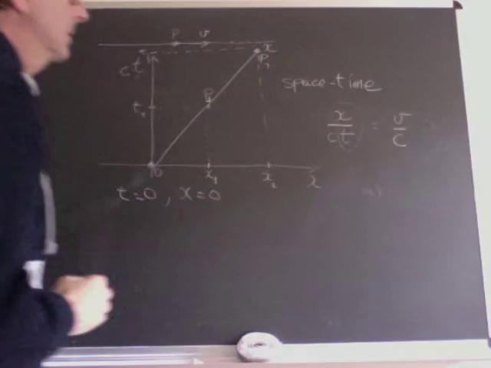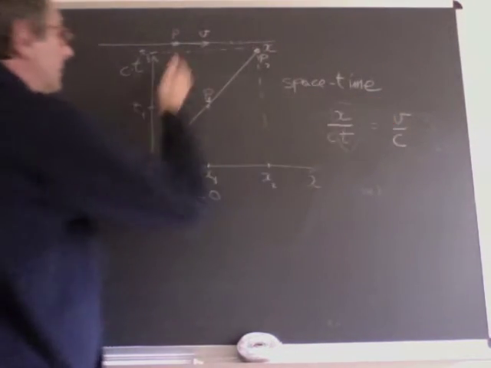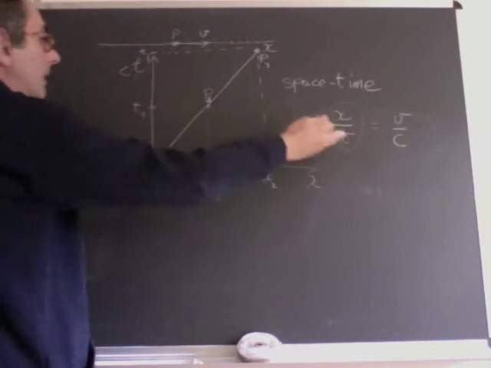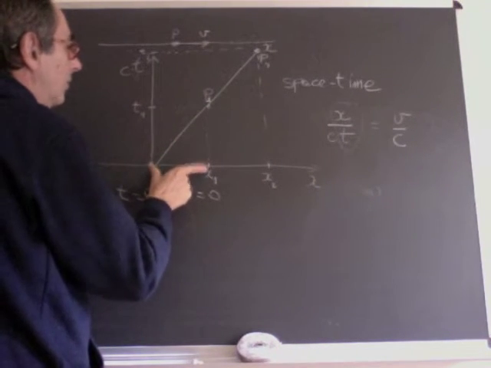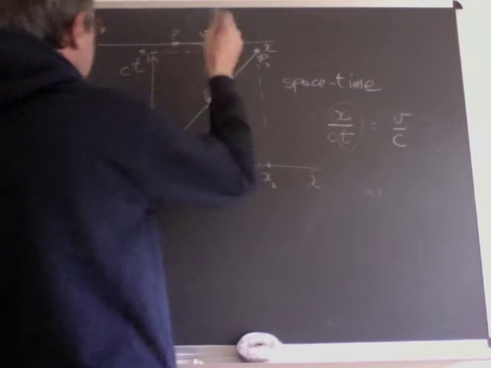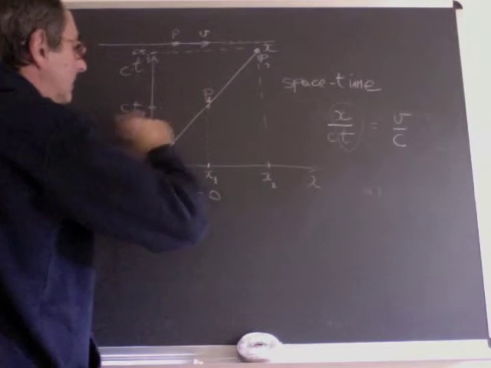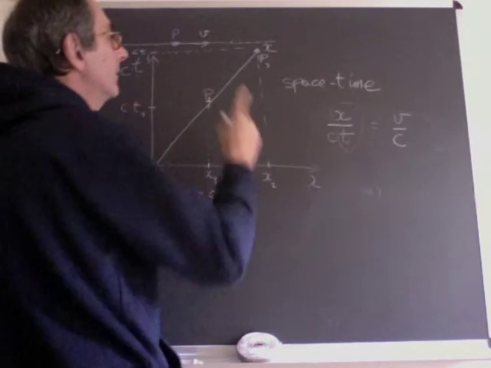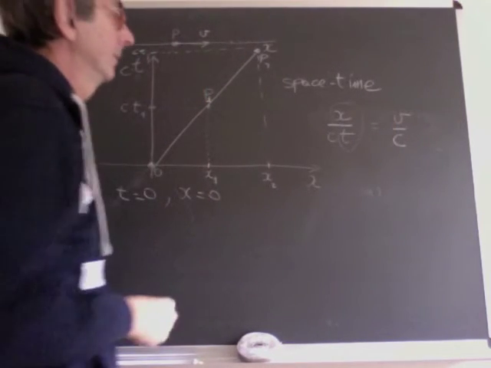That is quite better than v alone, because in this way we know that the ratio of these two coordinates, this time you have ct1 and you have ct2 eventually here, and the ratio between this and this in this case will be exactly 1 if the speed of the point is equal to c.